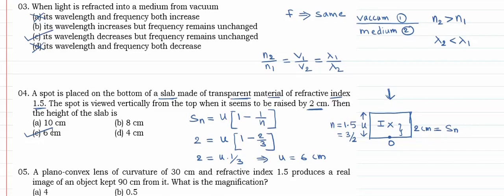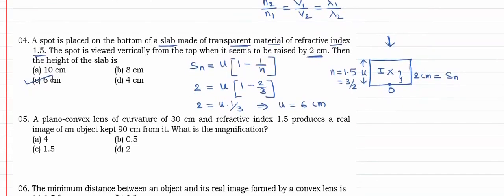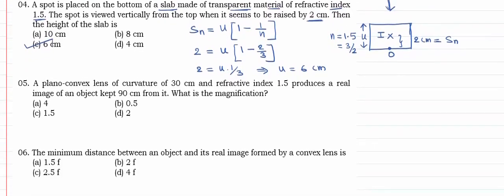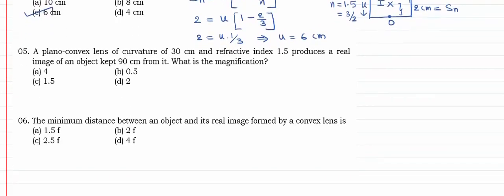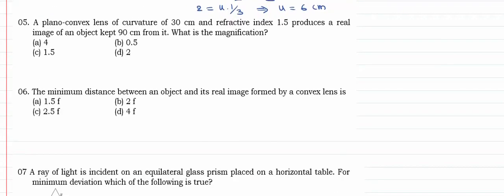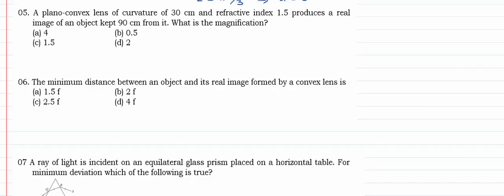Clear? Next, a plano-convex lens of curvature 30 centimeters and refractive index 1.5. So radius of curvature R is 30 centimeters, refractive index is 1.5, and it produces a real image of an object kept at 90 centimeters.